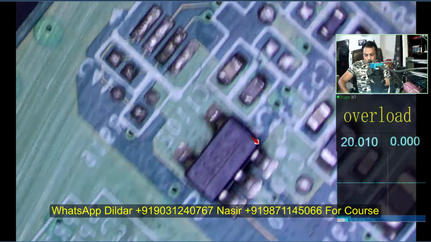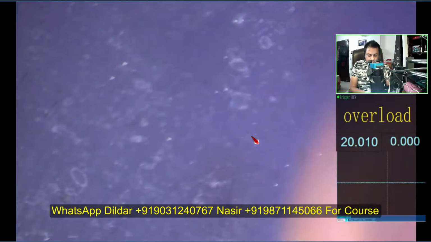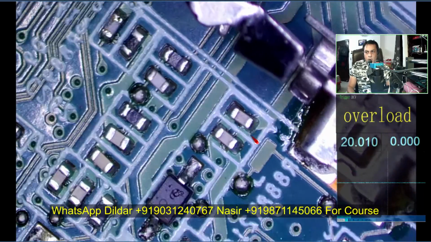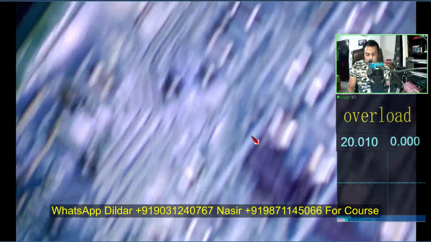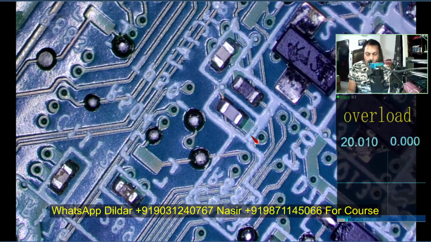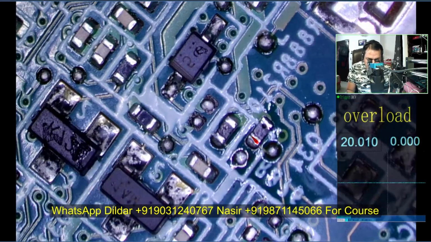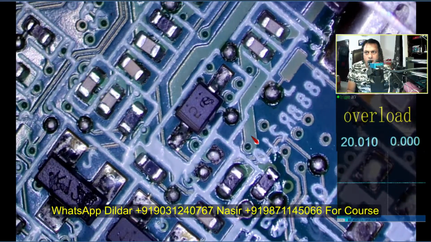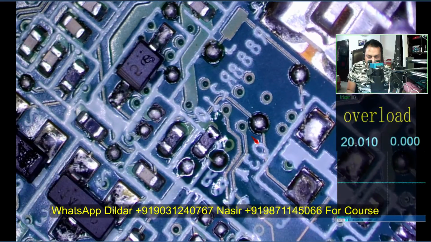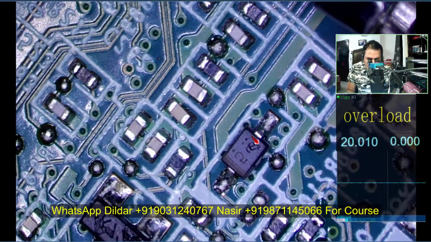Okay, now let me put back this resistor so that we can find out where the problem area has gone.